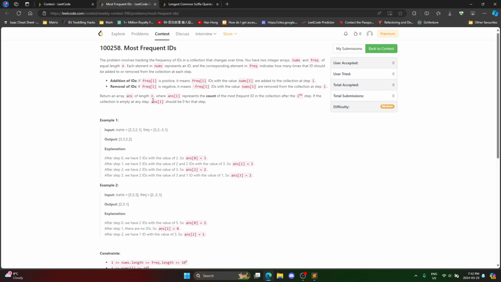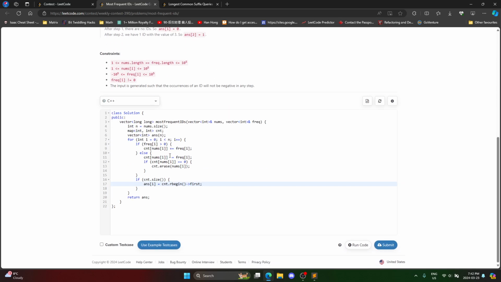Answer is the count of the most frequent ID. I guess we want buckets, right? So we still want a map, but now we want to count.